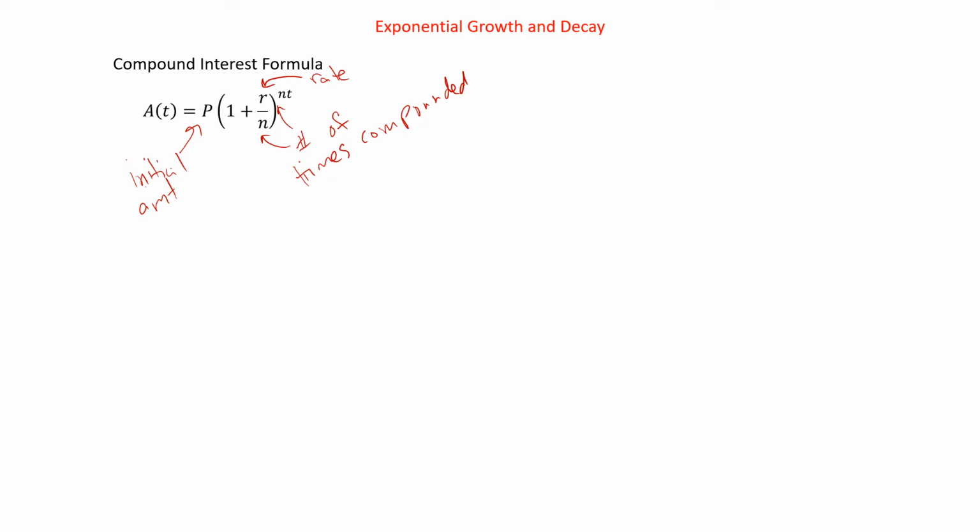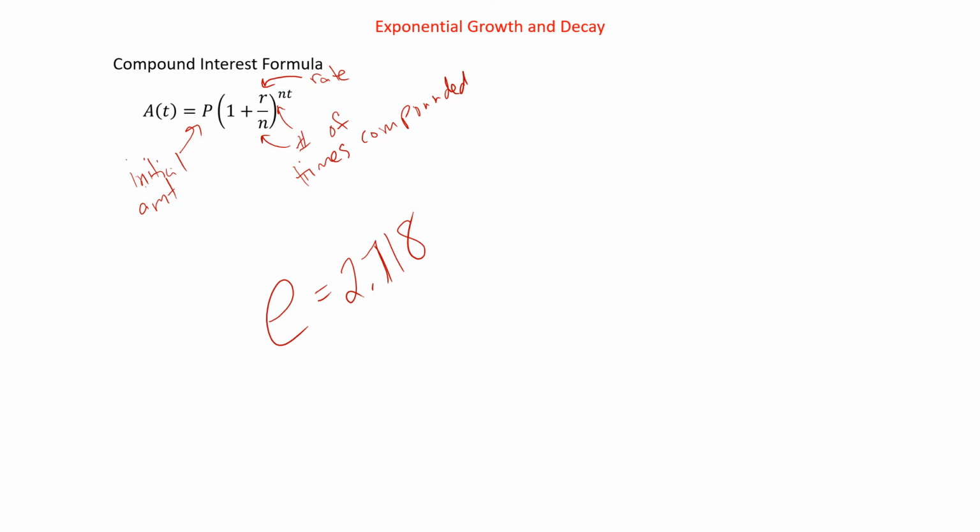This 1 plus r over n to the n becomes e to the r, and we get the natural number e, which is about 2.718281828459045, blah, blah, blah. It's another irrational number, just like pi is, but unlike pi, it's actually interesting.